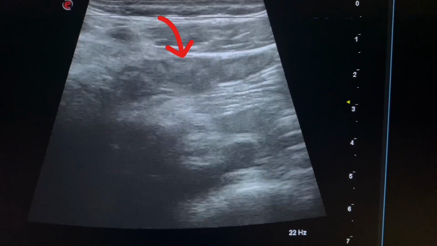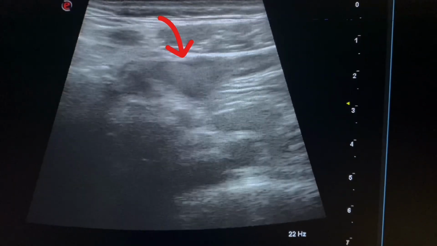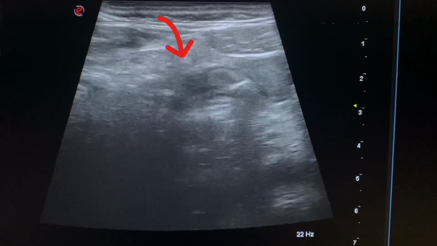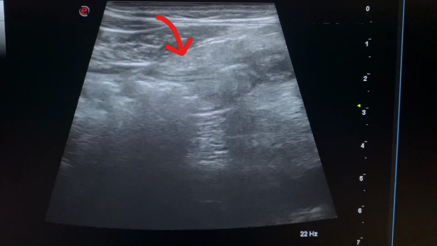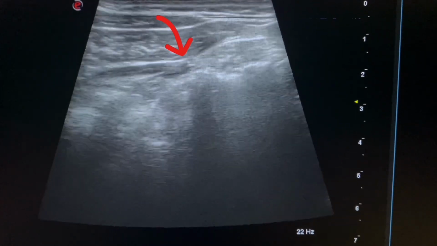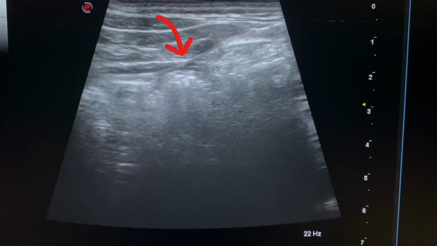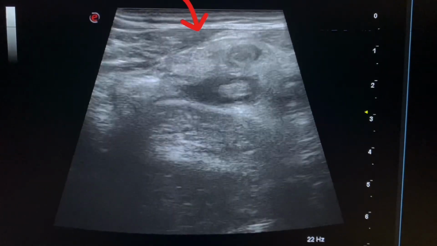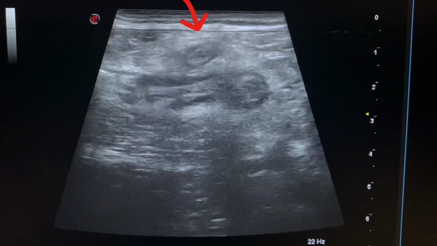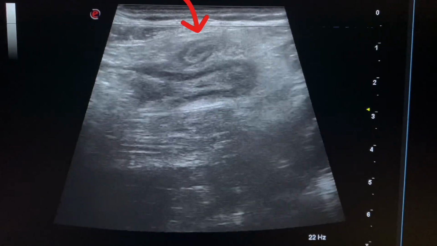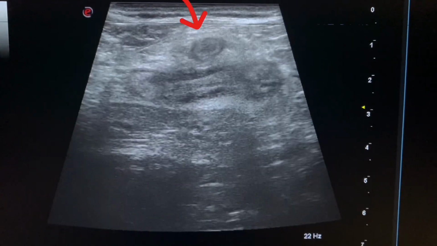Now we continue sliding to the right iliac region. Now at the right iliac region we see two lumens which lie parallel to each other.